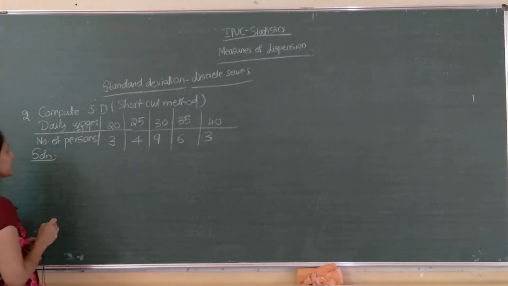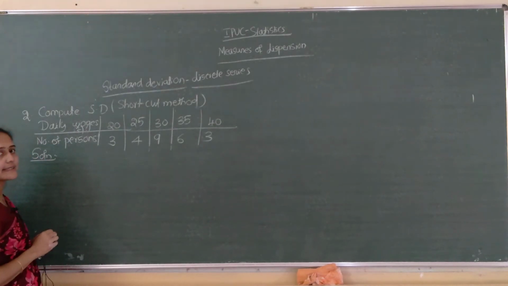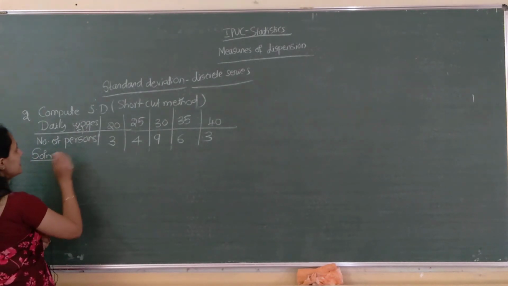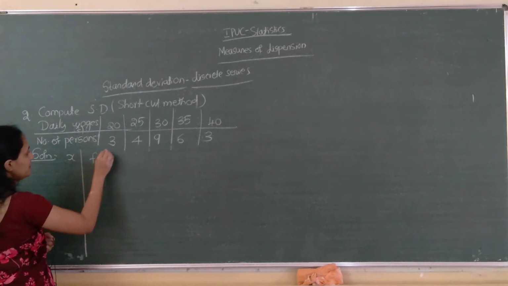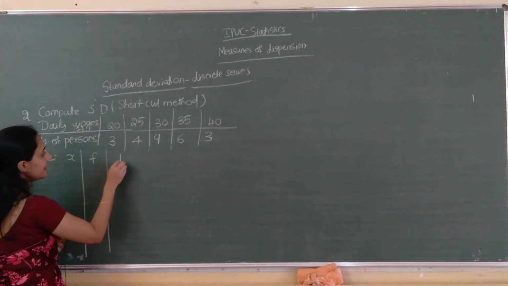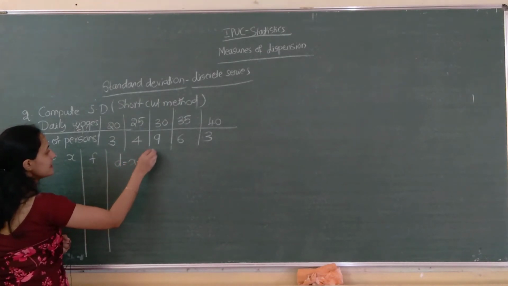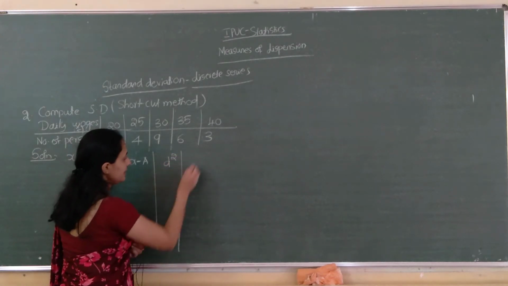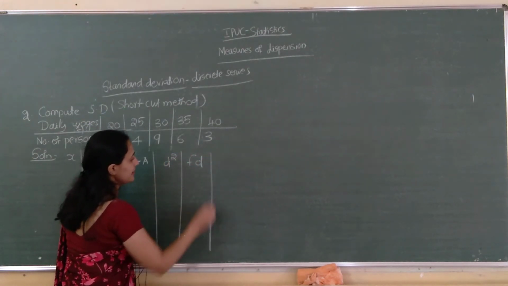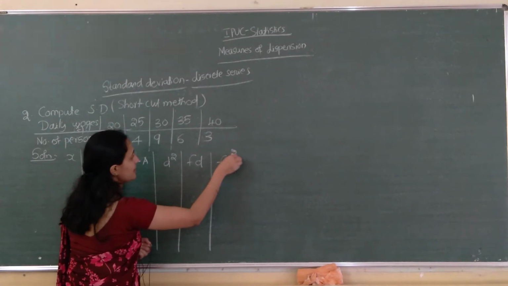Solution. Daily wages is x, next f, d equals x minus a, next d square, next f into d, next f into d square.